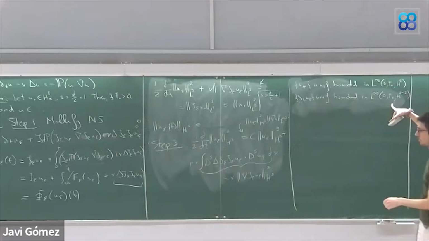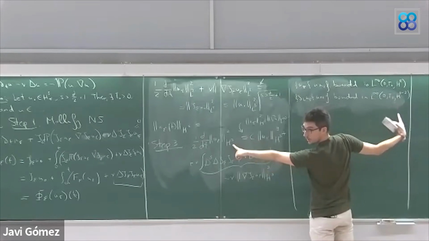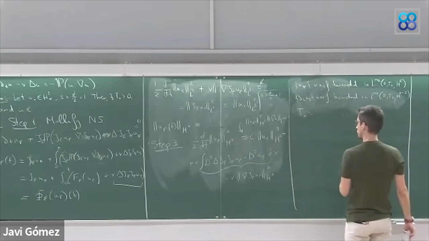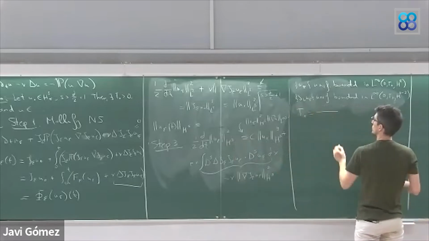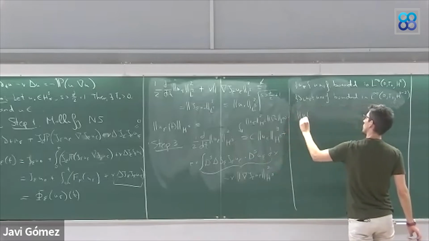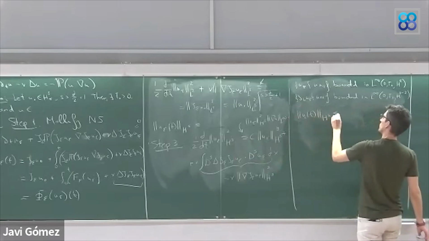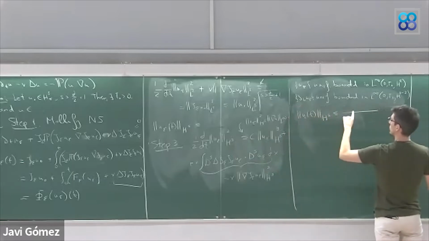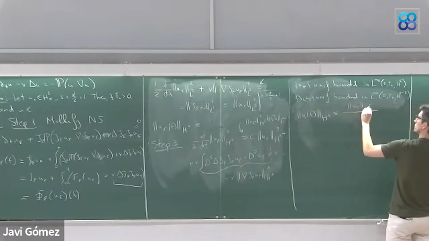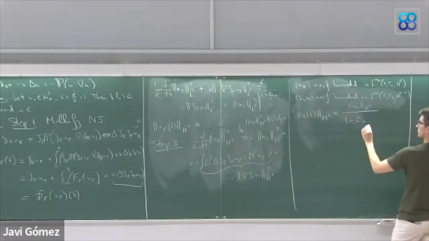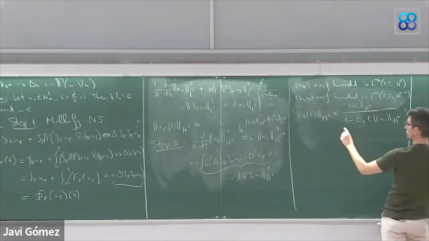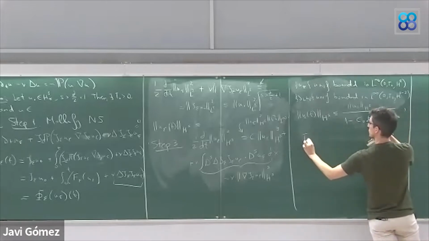And here T0 was chosen from this inequality. We have a cubic inequality, so we solve it, and we could choose T0 equal to, so we obtain from here some constant time. In particular, we could choose T0.